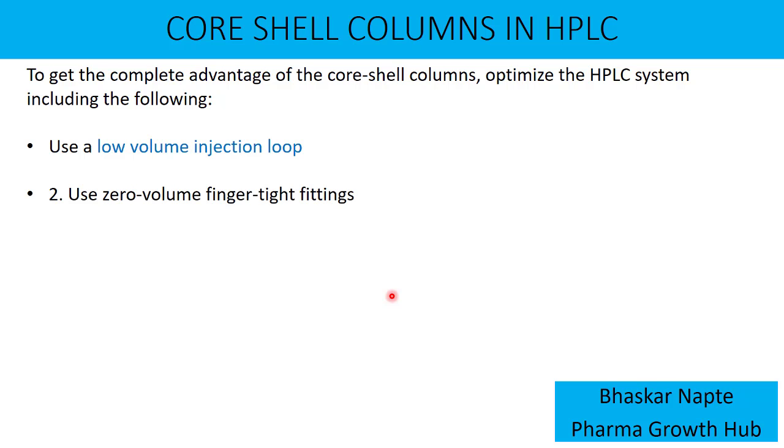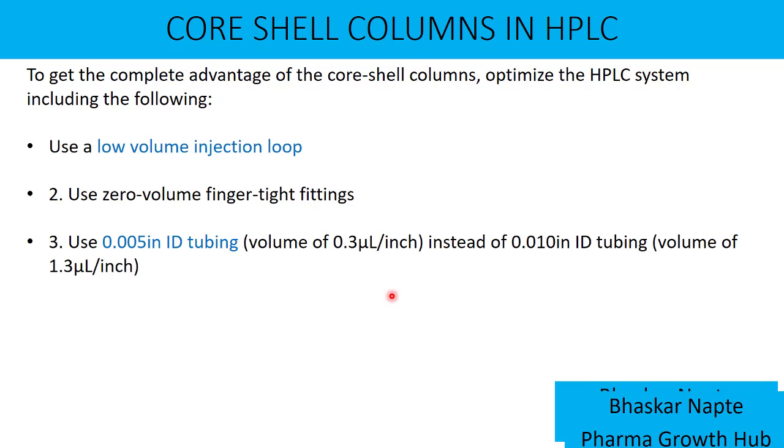Use zero volume finger-tight fittings, because these fittings can also increase the extra column volume, especially the fittings which connect your columns. Those fittings have to be zero volume finger-tight fittings. The third is very important: the internal diameter of the tubes which connect your injector port to the column, and again the connection between the column and the detector.